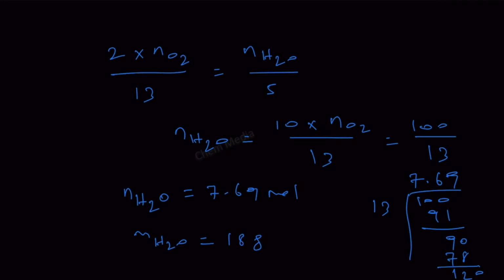So 18 gram per mole times number of moles of H2O, that is 7.69. Therefore, mass of H2O 769 times 18. 9 times 8 is 72. So 2 remaining 7. 8 times 6, that would be 48. 48 plus 7, so 55. 5 remaining 5.